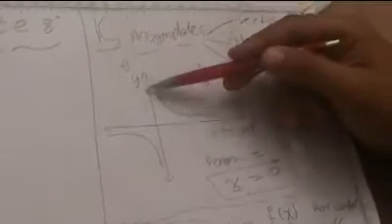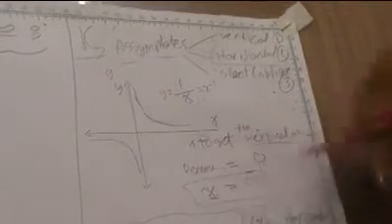So let's concentrate here. How do we prove that the y-axis, or x equals 0, is a vertical asymptote? We let the denominator of the function equal 0.